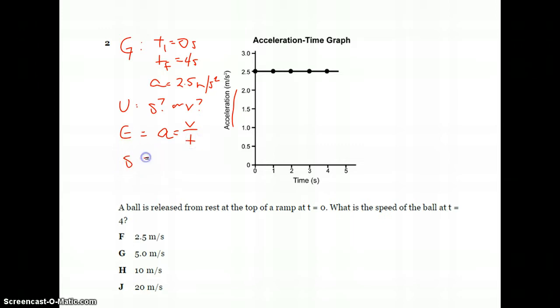And so if we sub in our numbers there, we've got our acceleration is 2.5 meters per second squared. We've got our unknown velocity, and our change in time would be 4 minus 0, so we can just shorten that to 4 seconds. And when you solve that for v, you should come up with 10 meters per second. So the correct answer is H.